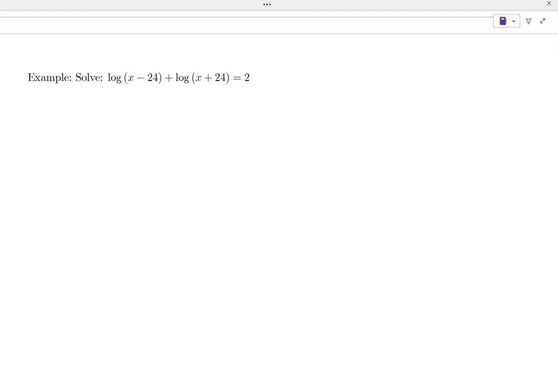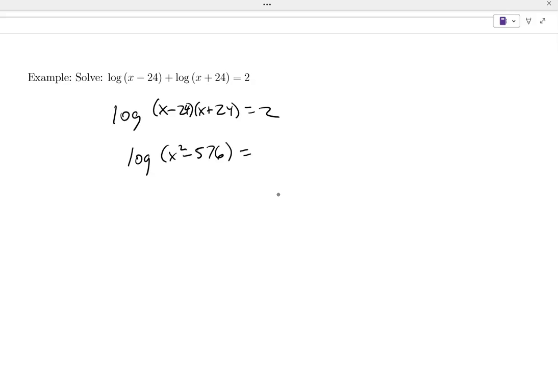Ready to talk about it? What'd you do first? Multiplied them. Good. So you have log of x minus 24 times x plus 24 equals 2. Yeah. What'd you do next? Just distributed: x squared minus 576.